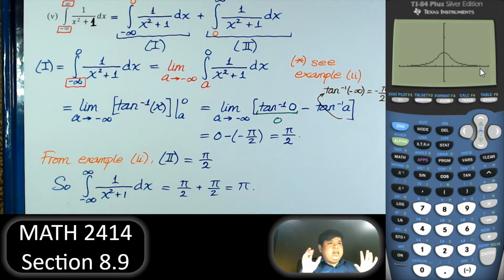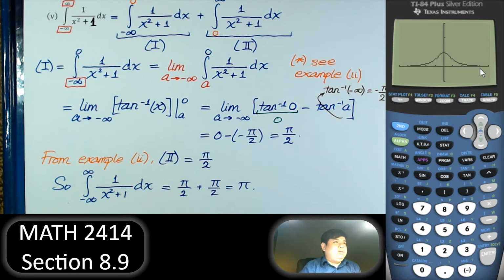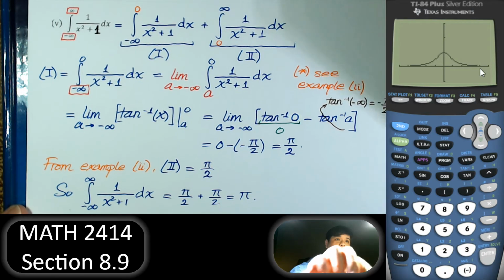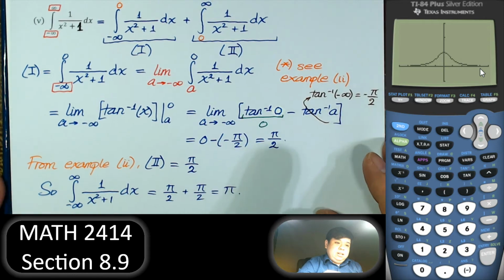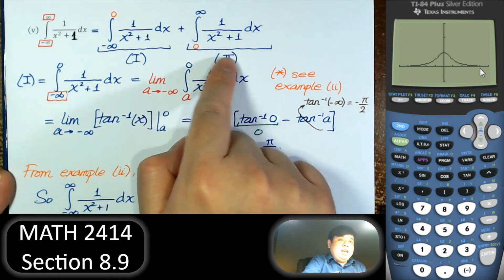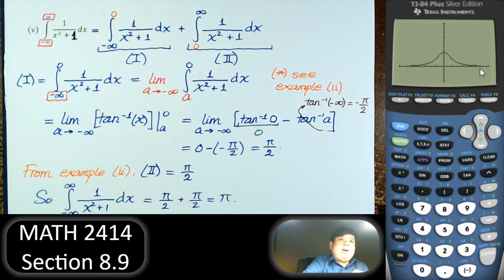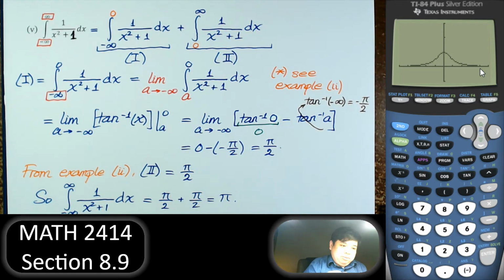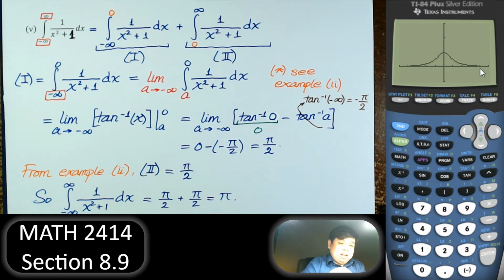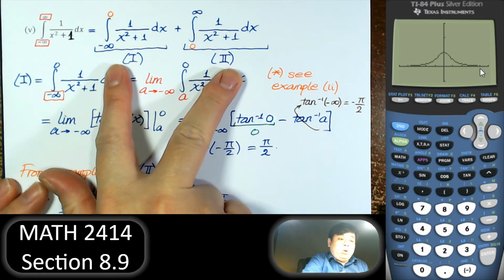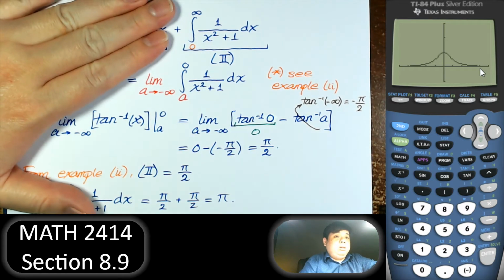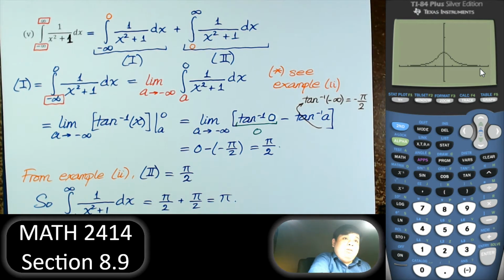Infinity on this side, the other side might be something. It could be infinity too, but if one of these is infinity, then the whole thing is divergent. We don't care about what happened on the other side, right? Now, let me say that again. We split that into two integrals. If one of them is infinity, then we just say it is divergent.